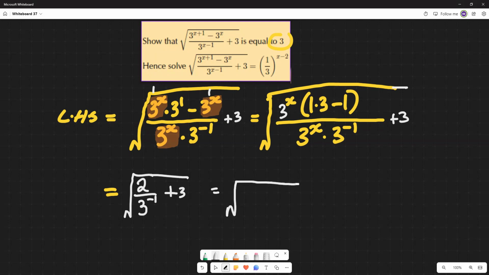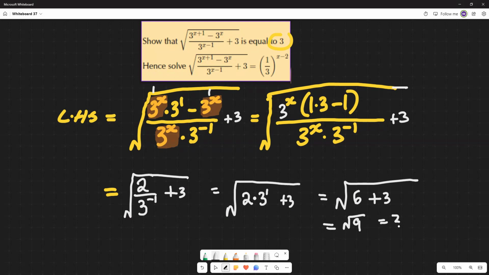Let's do this. This one here can go up. So we're going to have 2 multiplied by 3 to the power positive 1. When it was in the denominator, the exponent was negative 1. Now it becomes a positive 1, then plus 3. And then you have the square root of 6 plus 3, which is the square root of 9, which is 3, which is equal to the right-hand side. Now we have shown that this expression is equal to 3.